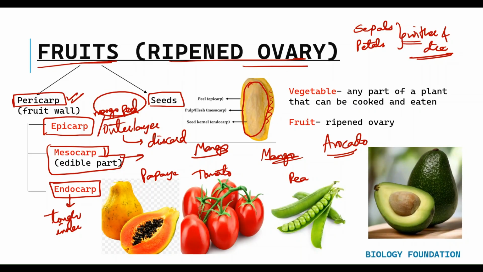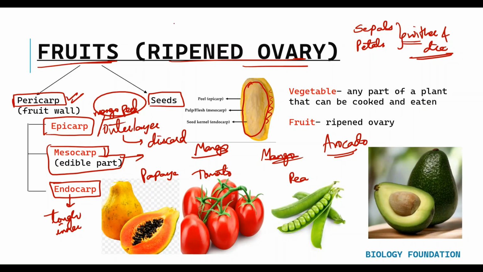So in some plants, not in all plants, the fruit is surrounded by the fruit wall, called the pericarp, and inside the fruit you find the seeds. Because the ovary develops into fruit and the ovules develop into seeds, obviously seeds will be present inside the fruit.